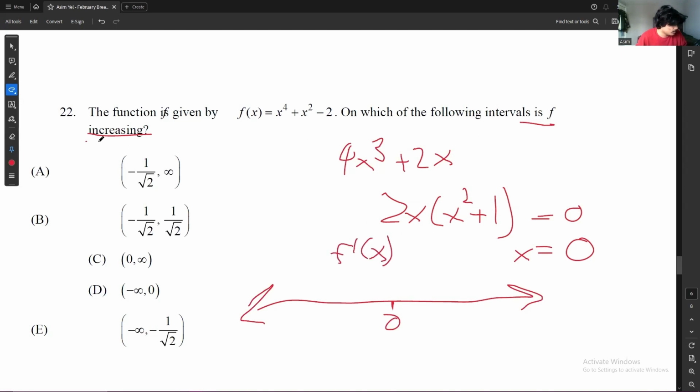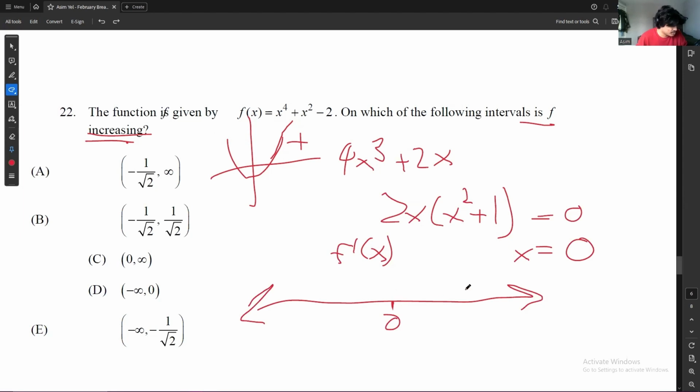And because I'm searching for increasing, I'm looking for the zeros of the function, and after that, I'm trying to find a place where f prime is positive, which means my original function is increasing. So on which of the following intervals is f increasing?